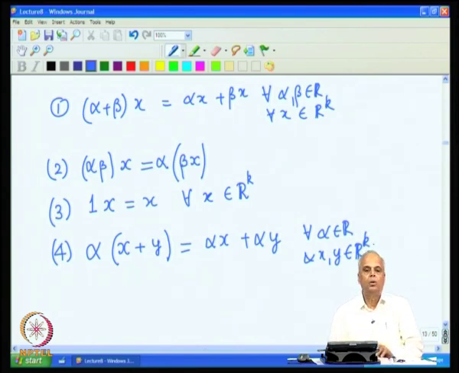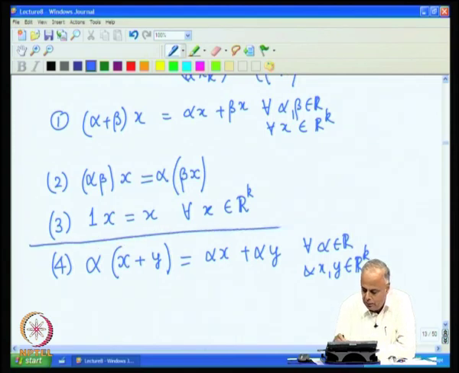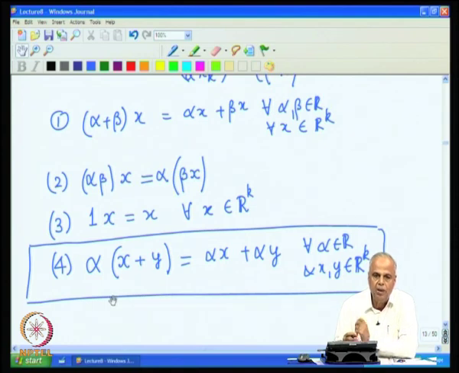So, now we have two operations in Rk. One operation is about addition, the other operation is about scalar multiplication, and if you look at this fourth operation, this is an operation which combines the addition operation and the scalar multiplication operation. So, this is the rule which makes these two operations interact, the scalar multiplication and the addition operation, their interaction rule is provided by this.